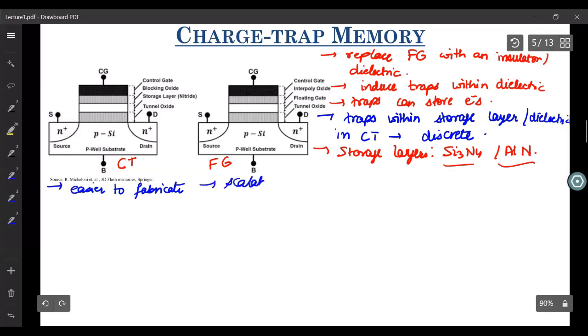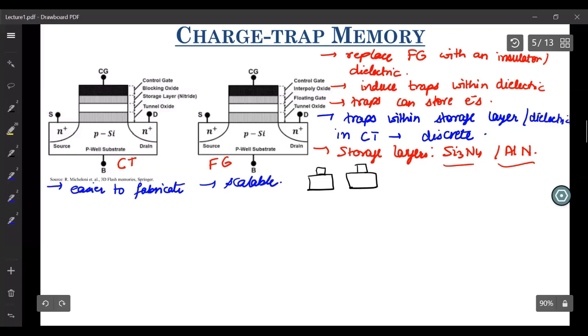It's more scalable. Why is it more scalable? Because once you place two floating gate cells very close to each other, let me just draw that. So let's say this is one floating gate cell, this is another floating gate cell.